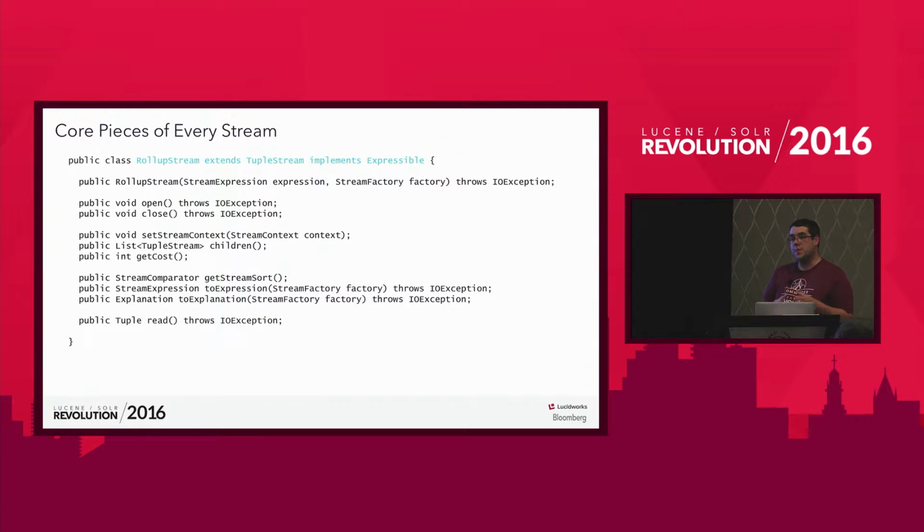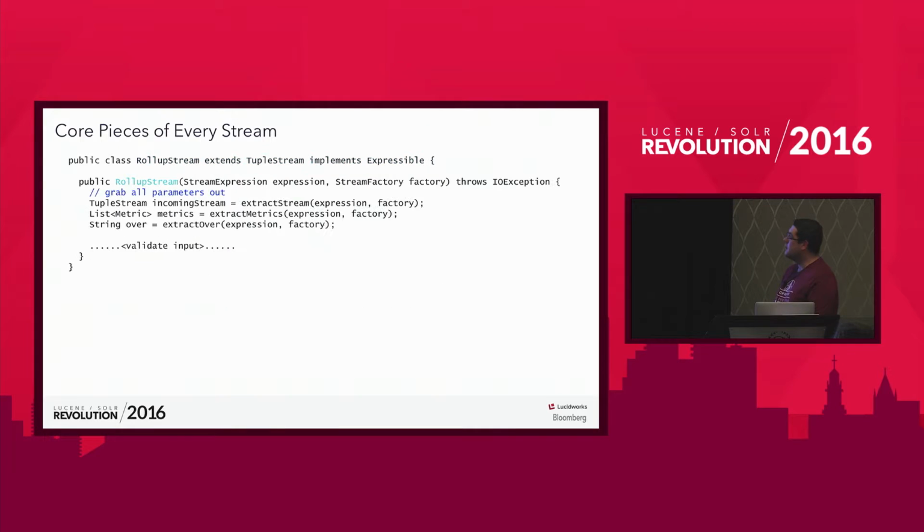They're not using any particular type of stream. It's just anything that's a tuple stream, we're OK with. And then we have to implement the expressible interface. The expressible interface gives you the get stream sort to expression and 2 explanation functions. Those are important for turning things into expressions, and then the explanation function is useful for the admin page, and we'll take a look at what each one of those does in a moment.